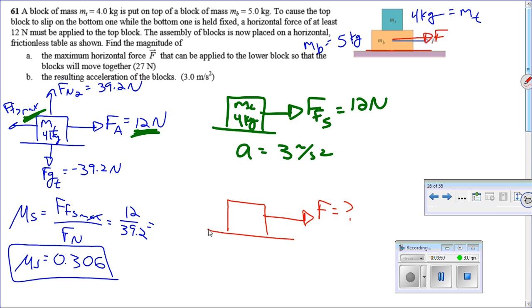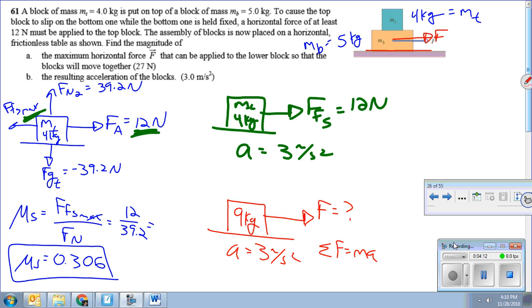So option one is to just say, well, this force is moving a total of 9 kilograms, on a frictionless surface, and if my acceleration is 3 meters per second squared, then that force has to be 9 times 3, or 27 newtons. Net force equals mass times acceleration.